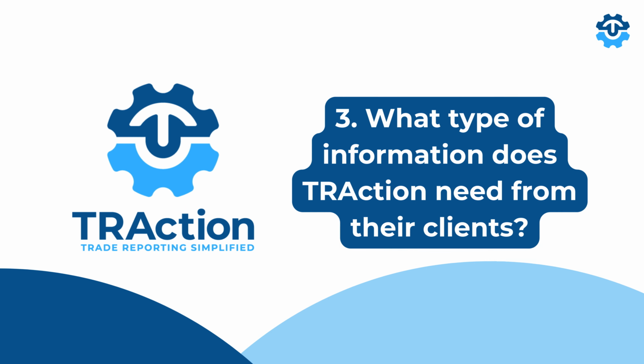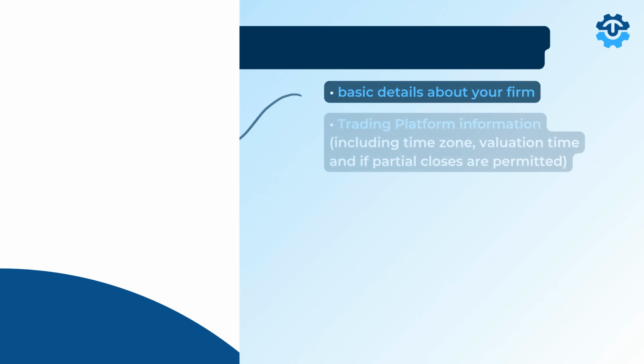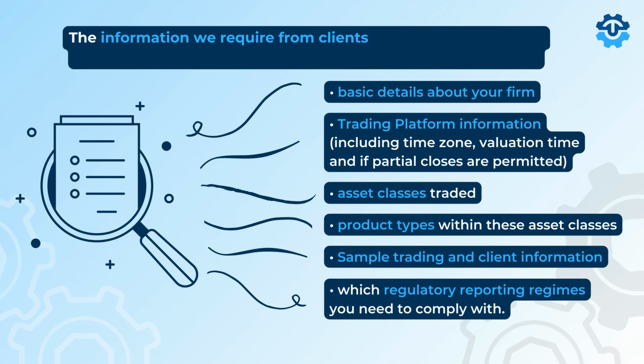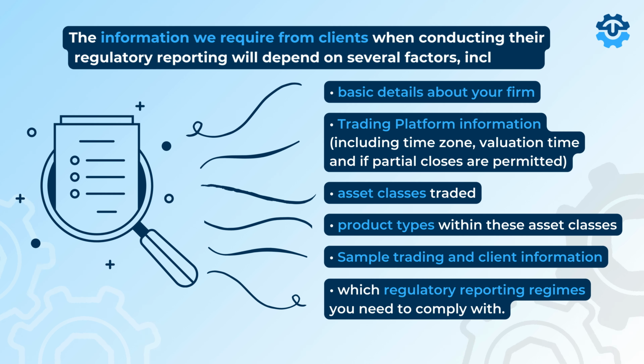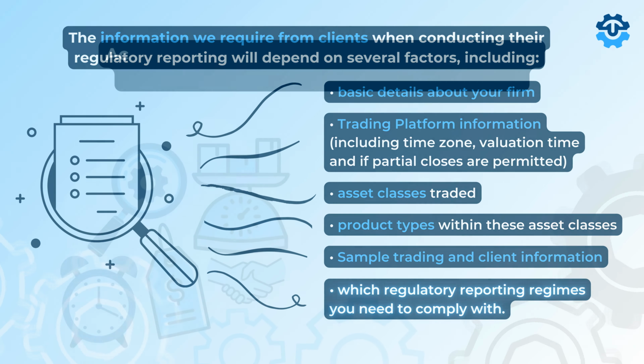What type of information does Traction need from their clients? The information we require from clients when conducting their regulatory reporting will depend on several factors, including basic details about your firm, trading platform information, including time zone, valuation time, and if partial closes are permitted, the asset classes traded, the product types within these asset classes, sample trading and client information, and which regulatory reporting regimes you need to comply with.